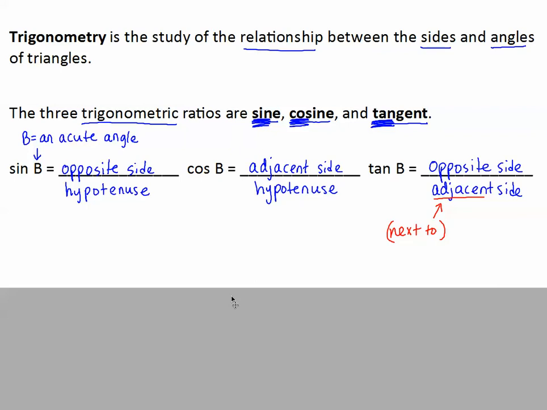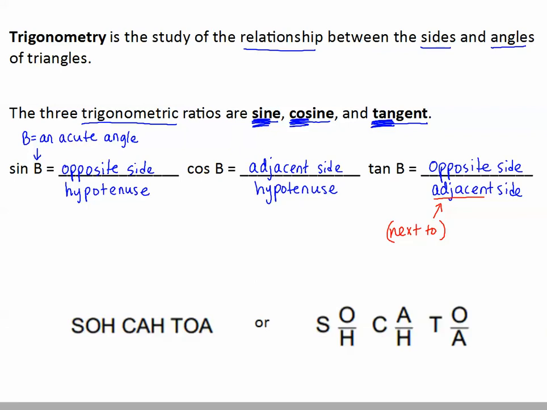A helpful memory trick is a fun phrase, SOH CAH TOA. Say it with me, SOH CAH TOA. Another way to write it, which is a more helpful way, SOH CAH TOA, because sine is this ratio, cosine is this ratio, tangent is this ratio.